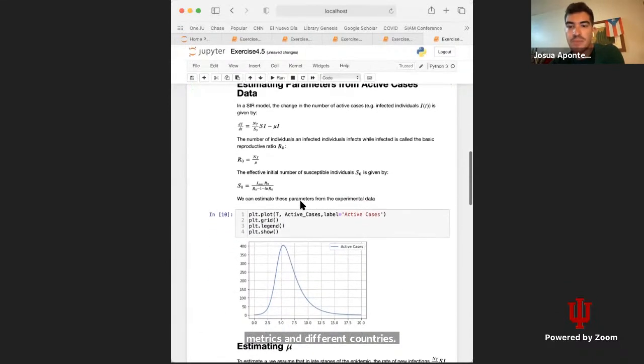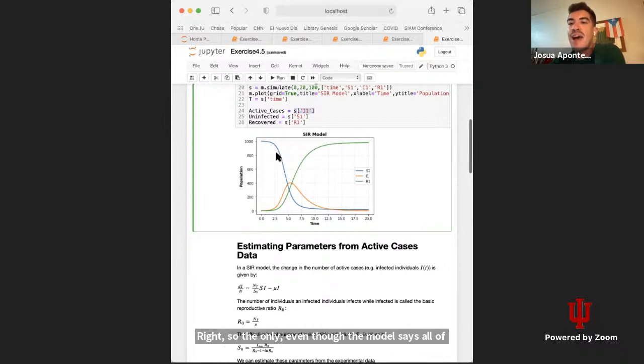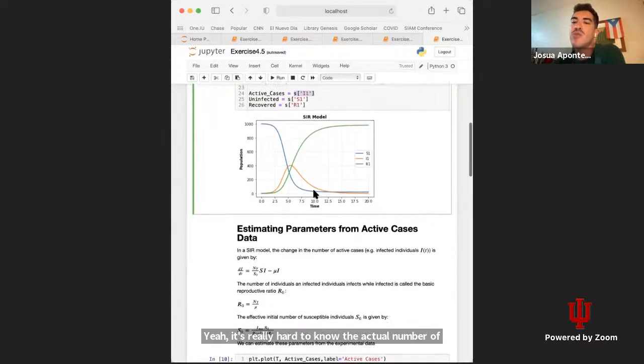Even though the model produces all of this data, in real-world situations we don't usually have access to this S1 curve, because it's really hard to know the actual number of infected individuals and how much of the population is actually susceptible.